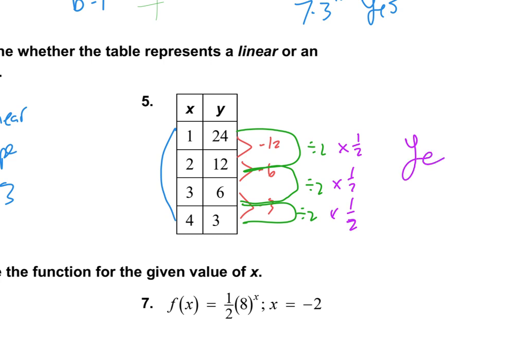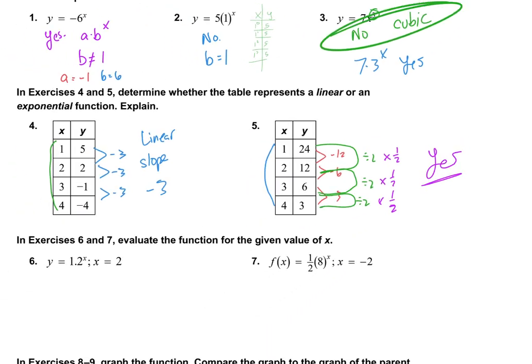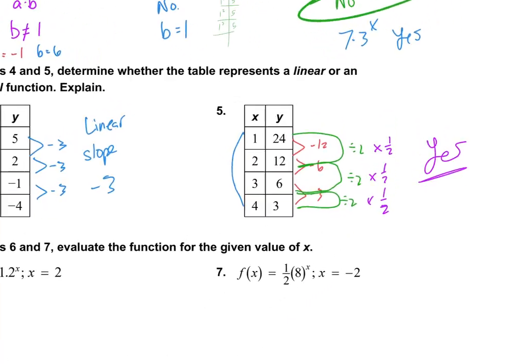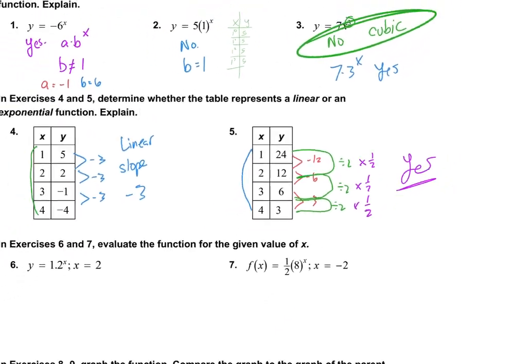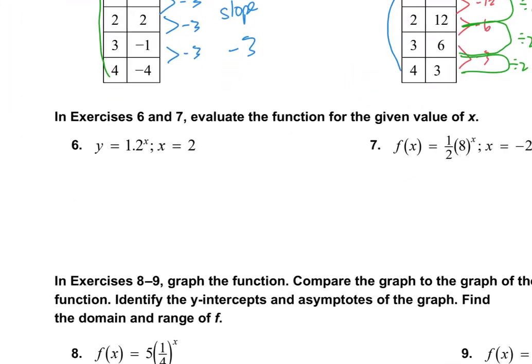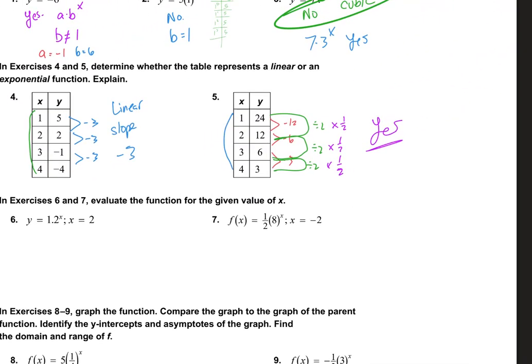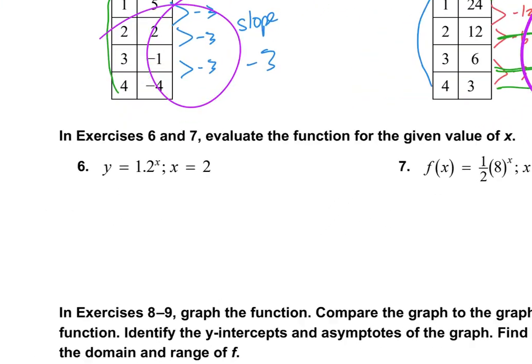So yes, this is exponential because it has a rate of change of 1/2. I guess rate of change is not the right idea. Yeah, anyway, it looks like that when it's exponential. It looks like this when it's linear.